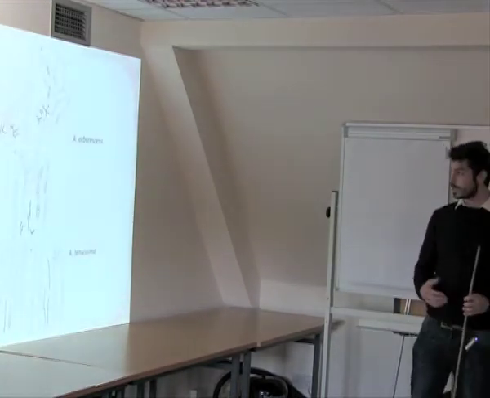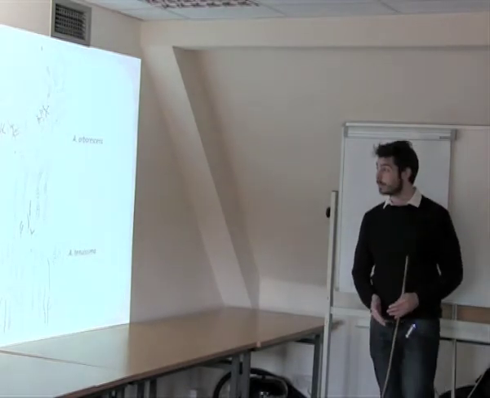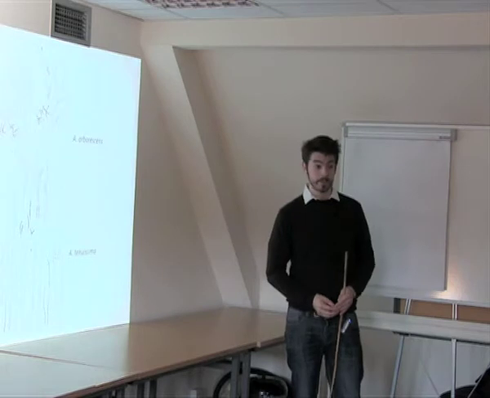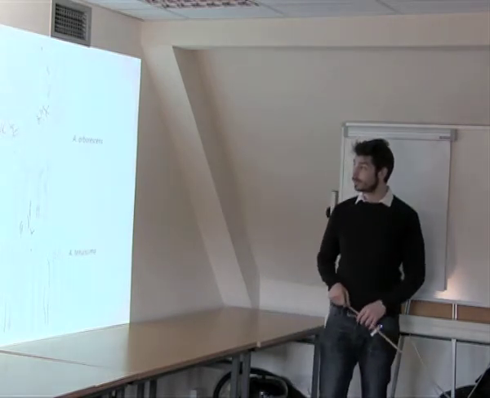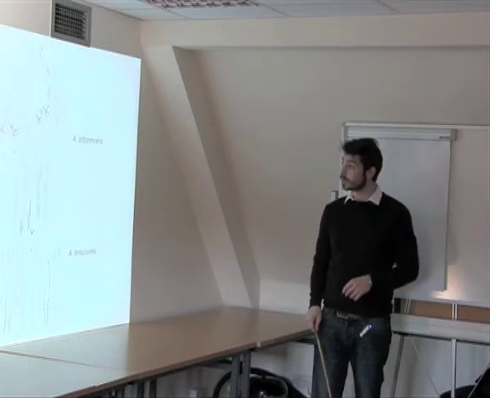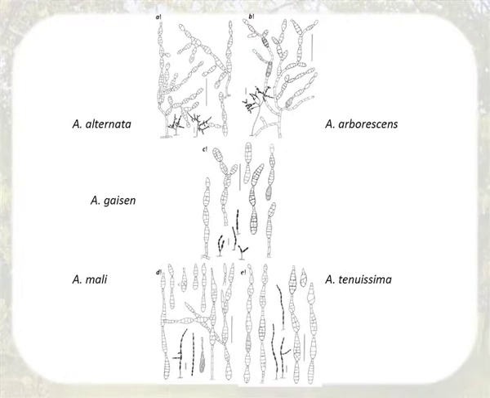Okay, so traditionally, this wealth of taxa within the species group has been characterized on the basis of spore morphology. I'll just show some representative diagrams of spore morphologies that I'll be talking about for different taxa.